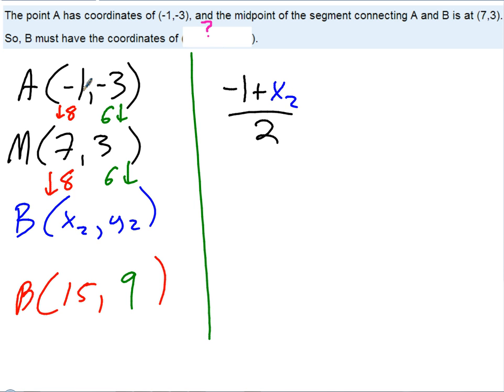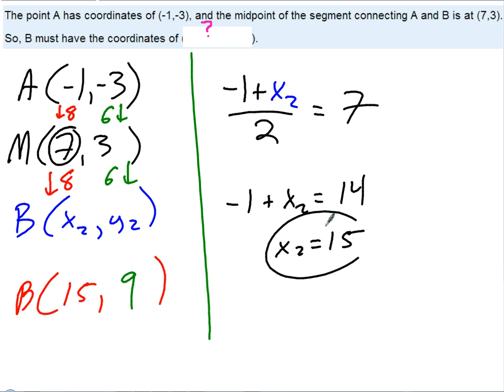The average of this number and this number has to be 7. So just solve that very simple algebra equation. And the steps are always the same. What do I do first? Yeah, multiply both sides by 2. And then what? Add 1. So there's my 15, right?